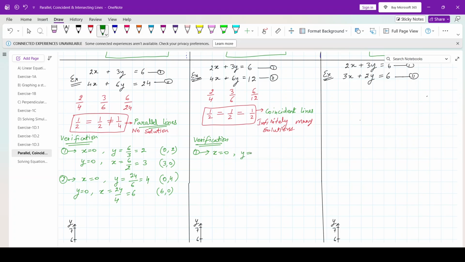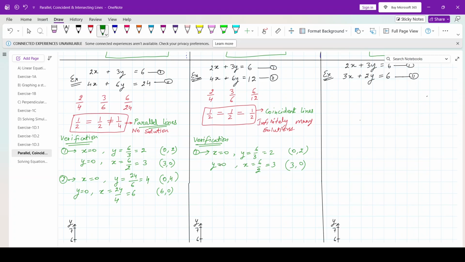That will be y is equal to 6 by 3, that will be 2. So the point will be 0, 2. And if we take y is equal to 0, we get 2x is equal to 6. That will be x is equal to 6 by 2, that will be 3, and the point will be 3, 0.